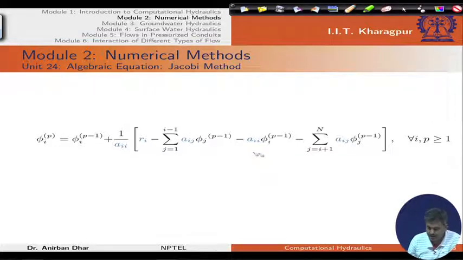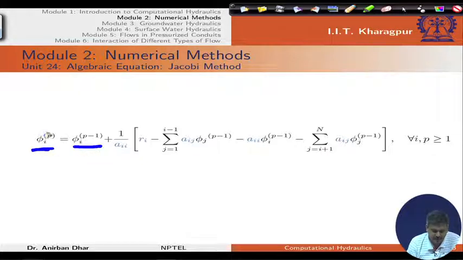In Jacobi's method, iteration is one iterative technique, and in this iterative technique this is our previous level value and this is the updated value.